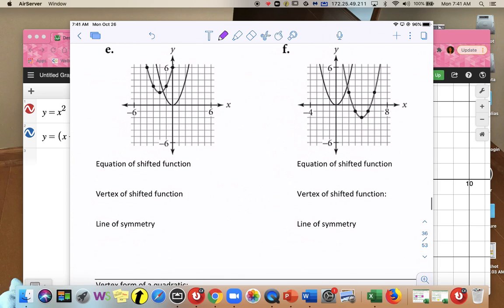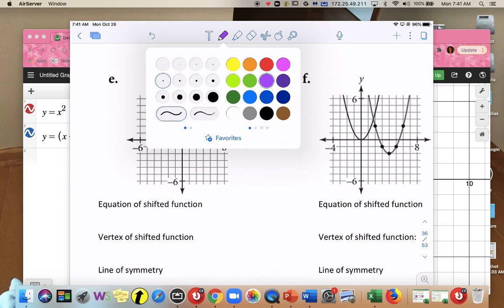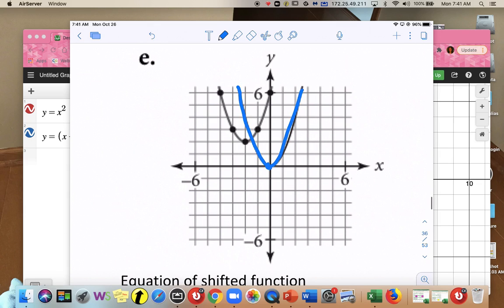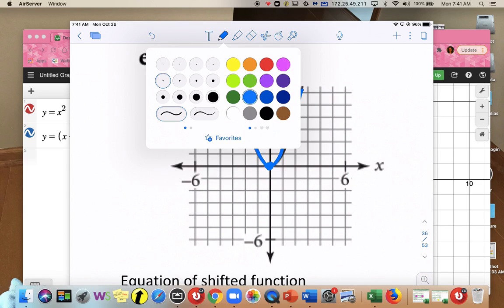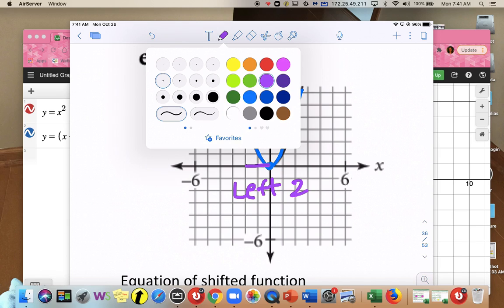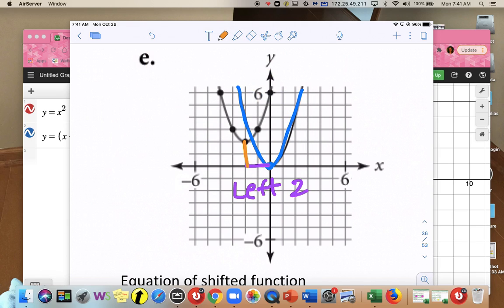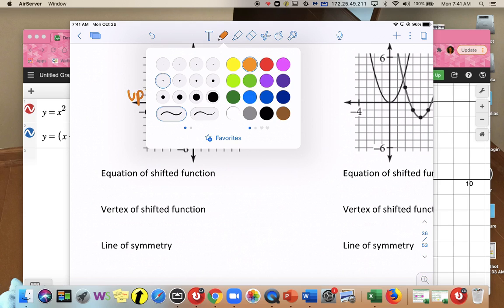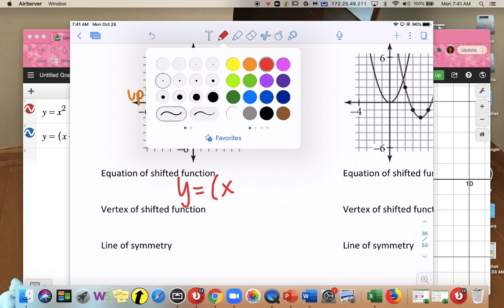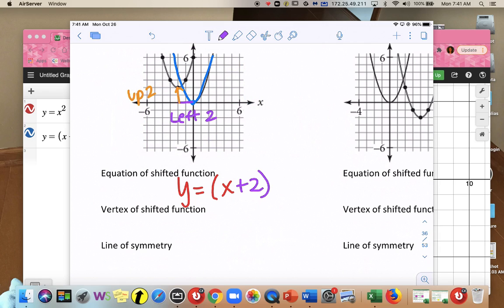So E has 2 shifts. So again, the parent function is our parabola here at 0, 0. And I know that this one goes left 2 and it goes up 2. Okay, so let's write the equation of the shifted function. We have y equals x, and if it's left, it goes inside the parentheses, opposite of what I think, so there's the plus 2.